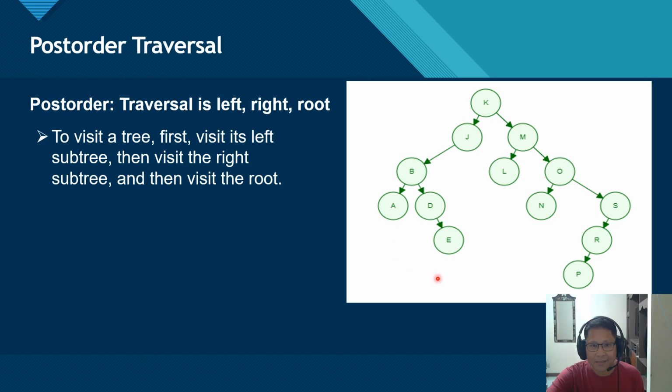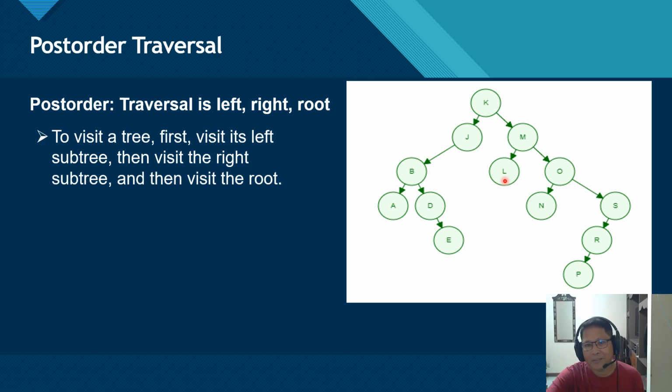So A. Next we're going to right. So next is E. Then D. So next is the root B. Next would be J. So after J, let's proceed with the next, which is here, left from here. So L. After J, L, then we're going to the right.